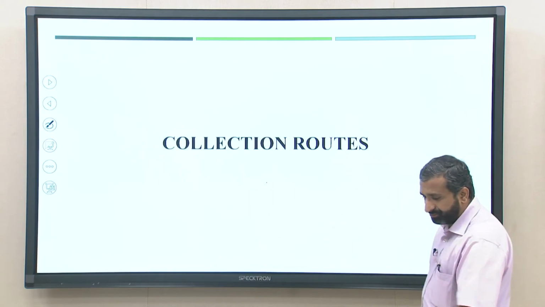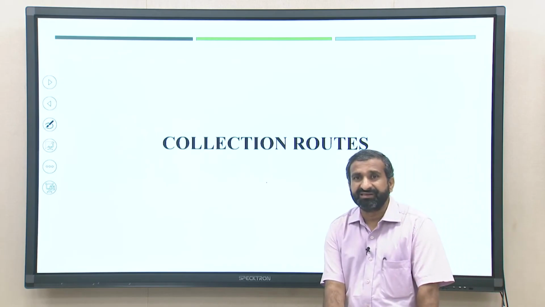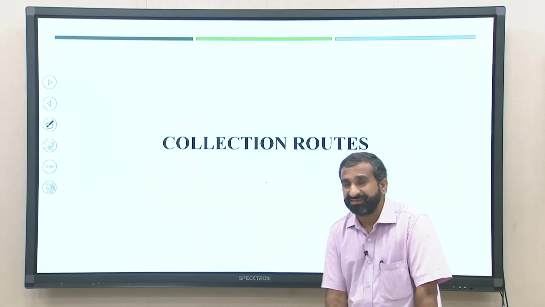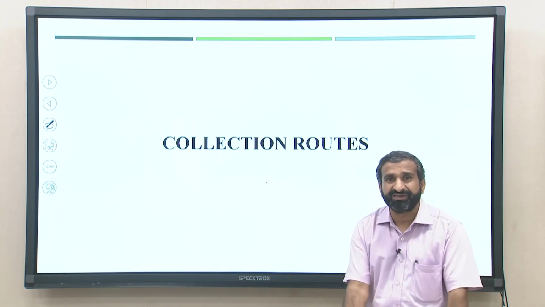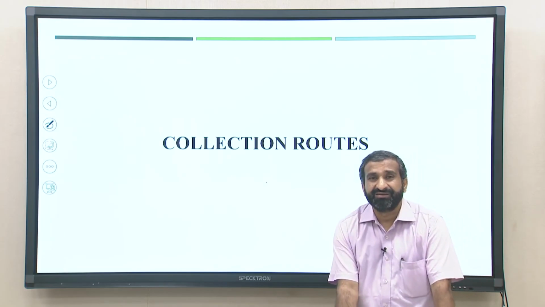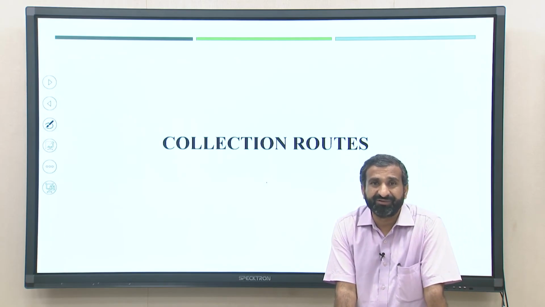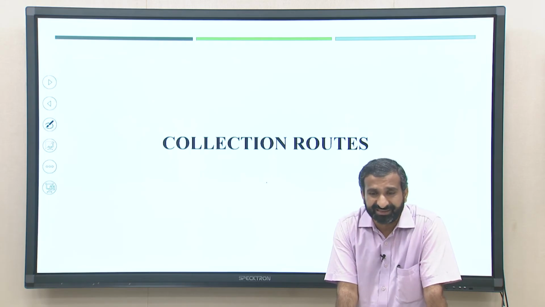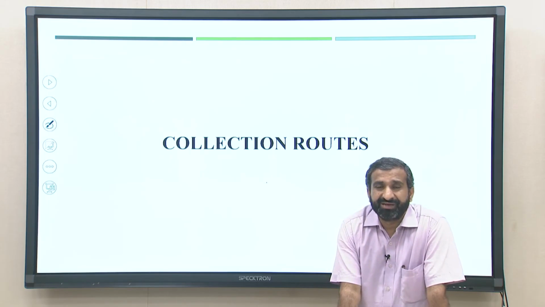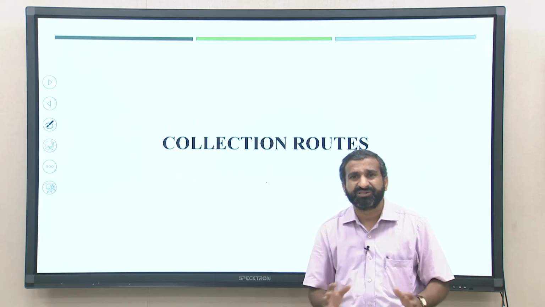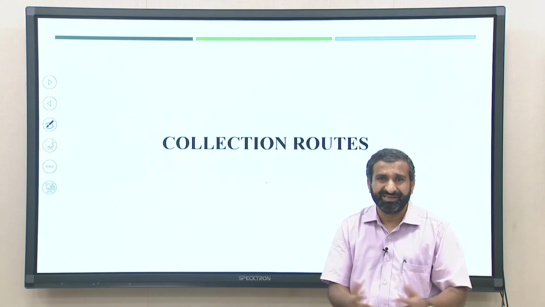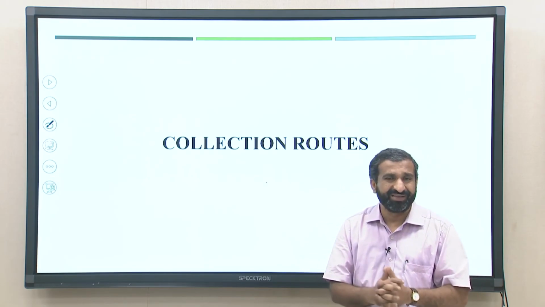Now, another very important discussion in the collection of solid waste is the collection route. This is one of the very important issues while collecting solid waste from the urban centers. I can't say it is easy to finalize how to decide the route.